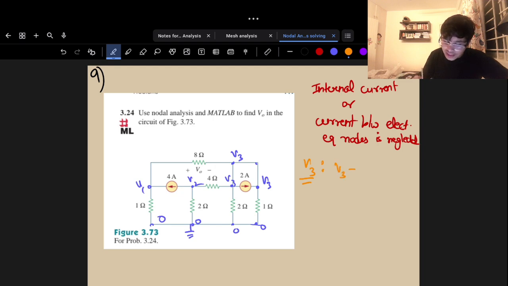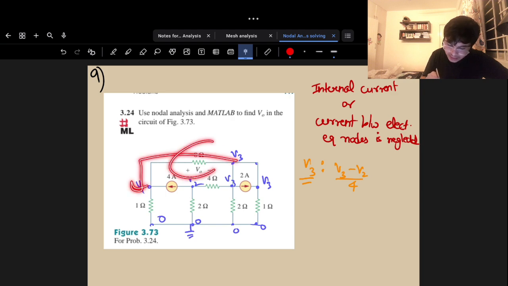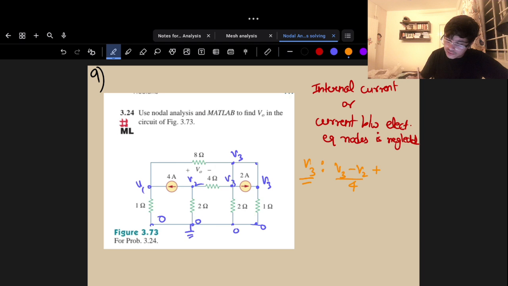V3 minus V2 by 4 will be this current, and V3 minus V1 by 8 plus V3 minus V1 by 8 will be the other currents. I also have V3 minus 0 by 1 and V3 minus 0 by 2 as two other currents that are leaving.